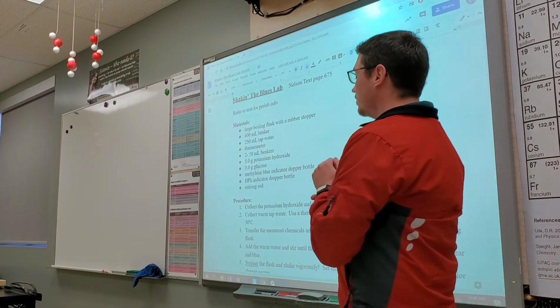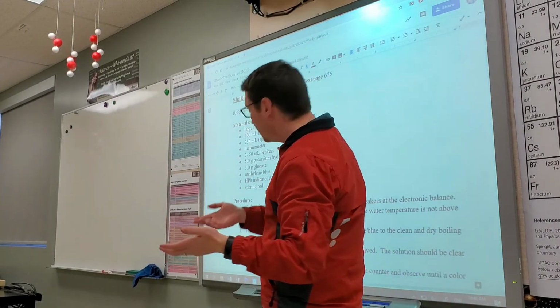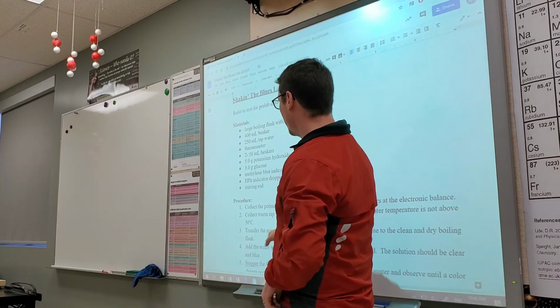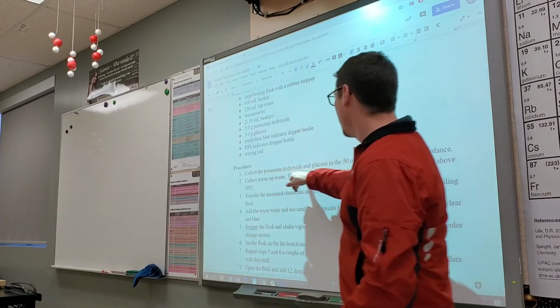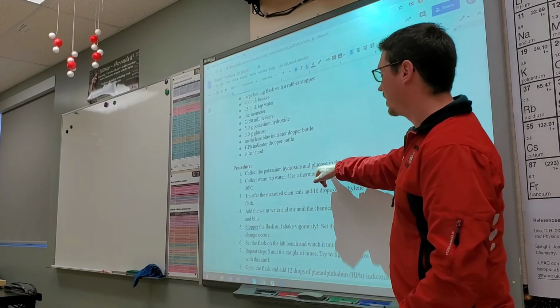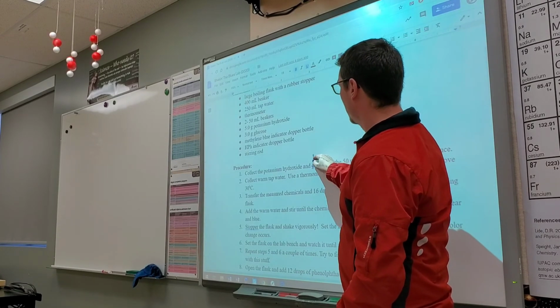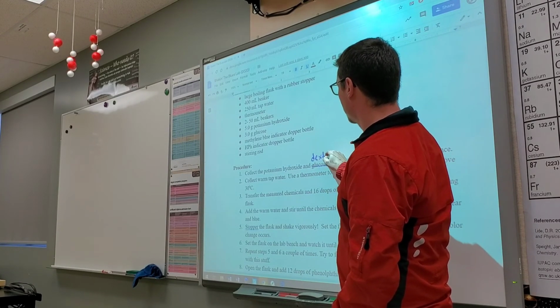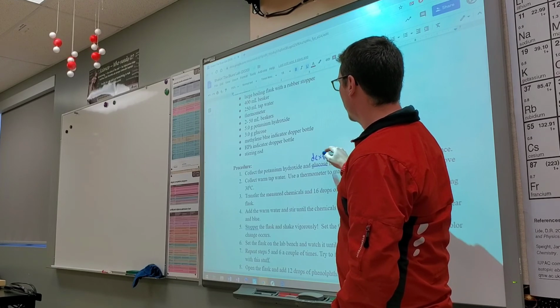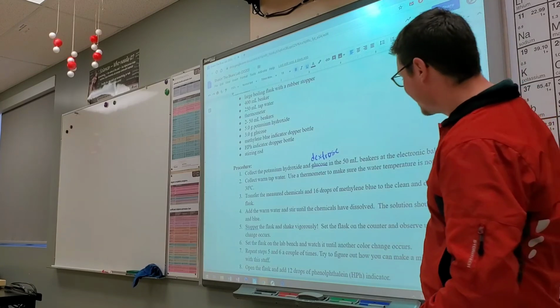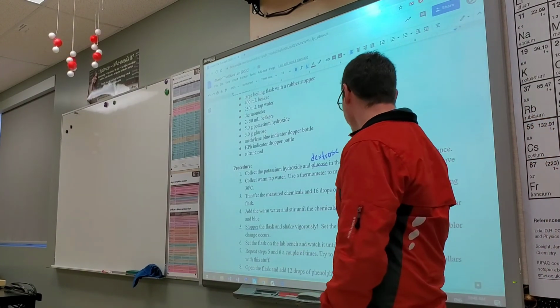There should be a couple people in your lab group, right? So one person can collect the potassium hydroxide and the glucose. Our glucose is labeled dextrose. That's one of the names for glucose, so it's labeled dextrose.